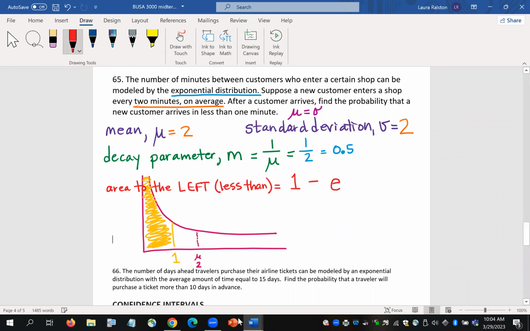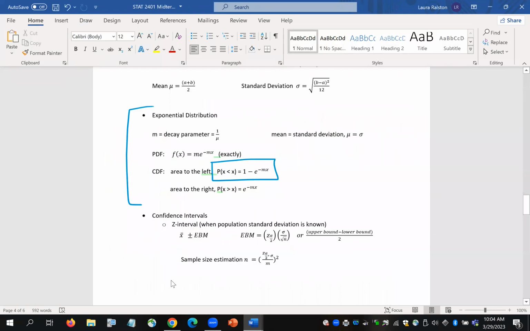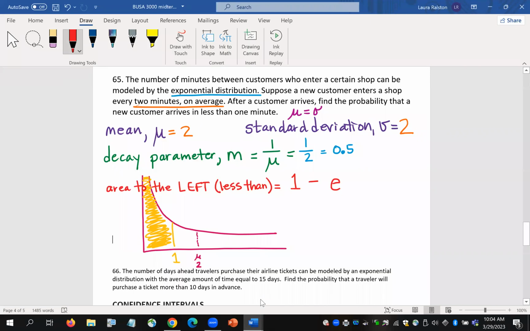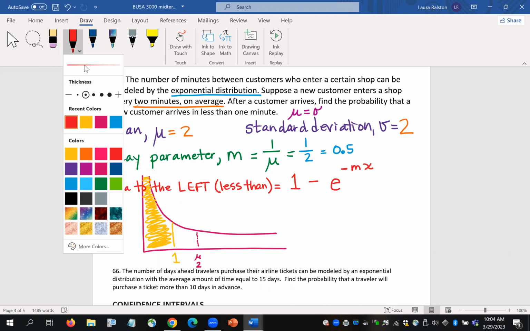I think that's right. Let me make sure. I don't have them memorized. E to the negative mx. E to the negative m times x. At that point, once I've identified that that's the formula that I need, it becomes a plug and chug.